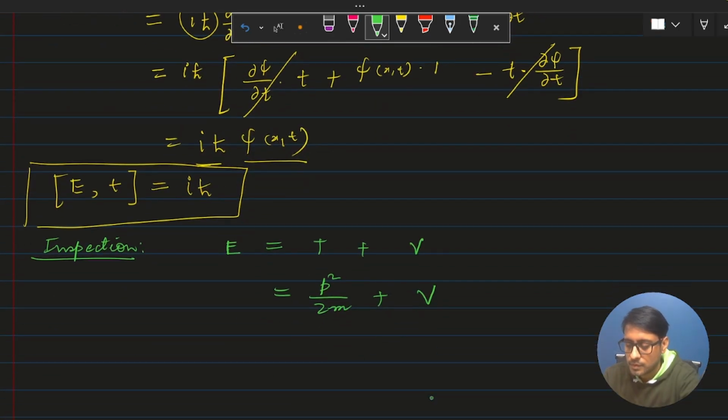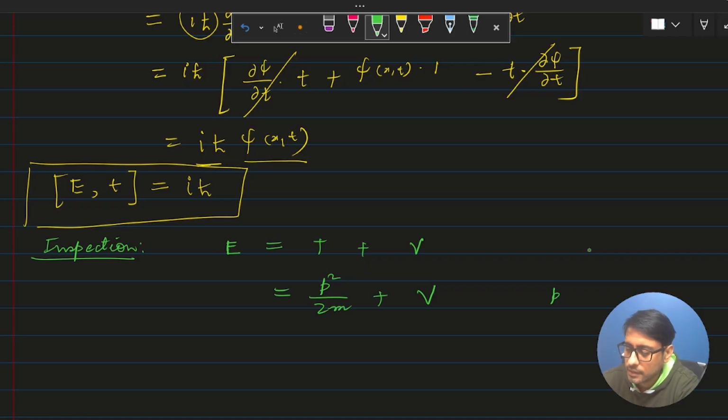Now we know that this P, if you want to convert it into an operator, or we replace it by its operator, then we can write and apply it on some wave function.